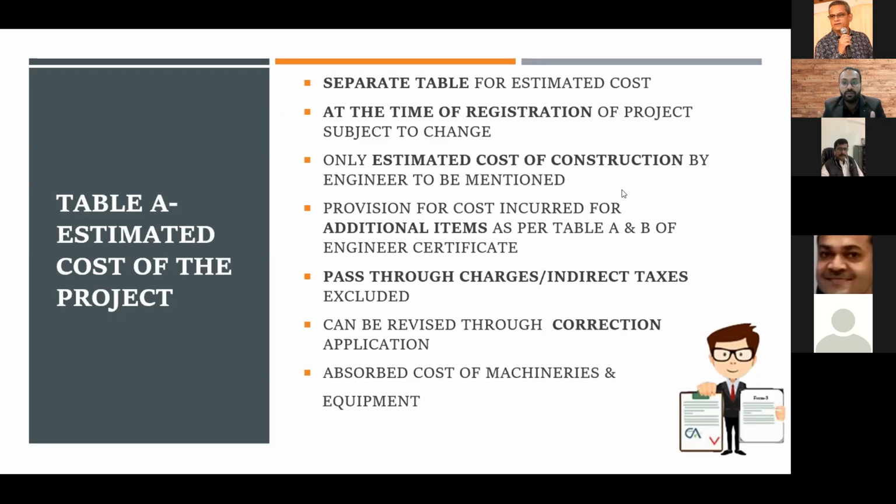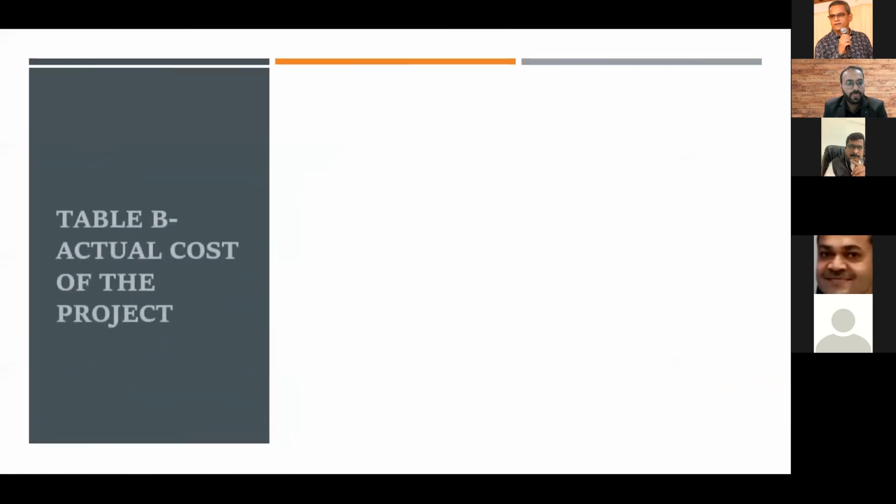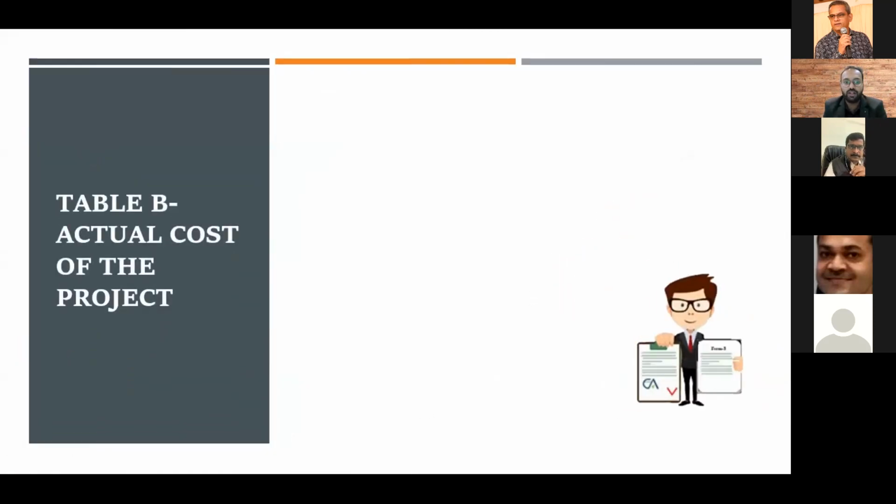So we had represented, Ashwin sir had specially brought this point to the Rera authority, and now they have included this absorbed cost in the certificate. So we need to calculate properly how long this machine was used for this project, and based on that we need to include the estimated cost of that particular machine. It will be the actual cost of the project.